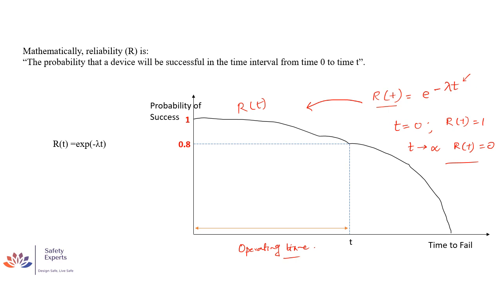So if there is a machine whose operating time is defined as 10 years, then from 0 to 10 years of time period, you can use this equation R(t) is equal to e to the power minus lambda t, and you can get what is the reliability value at any point of time by using this graph. But beyond 10 years, this particular reliability equation does not hold true.